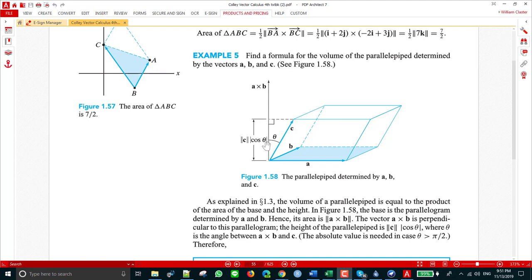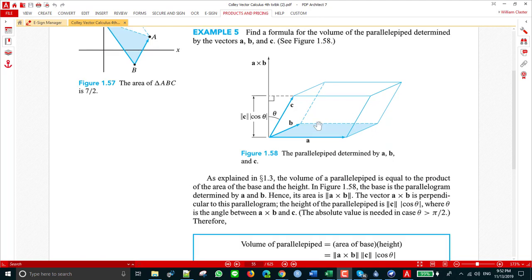The height of the parallelepiped is the norm of C times cosine theta, where theta is the angle between A cross B, which is here, and this C. So I guess if this is C and this is A cross B, then we're talking about the projection of C onto here, and we just want its length.